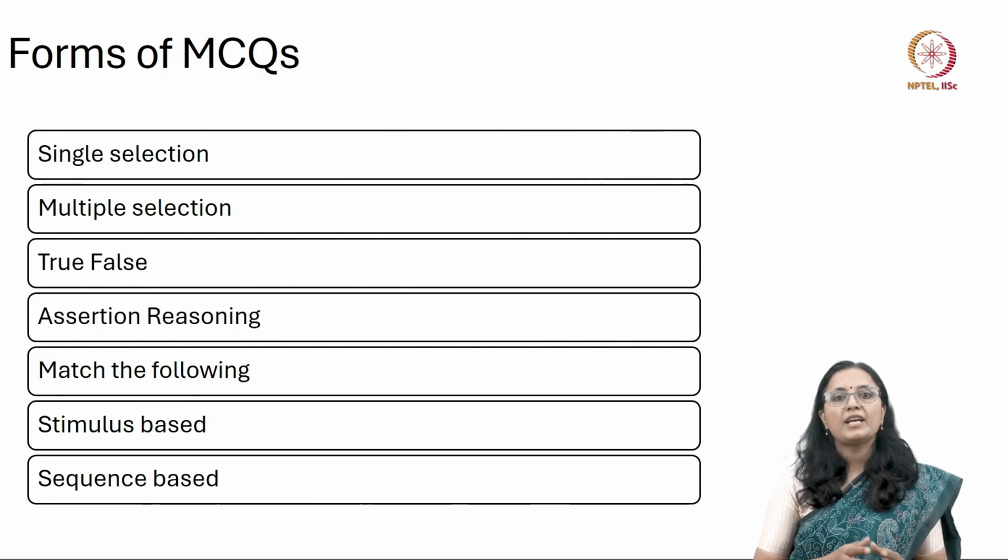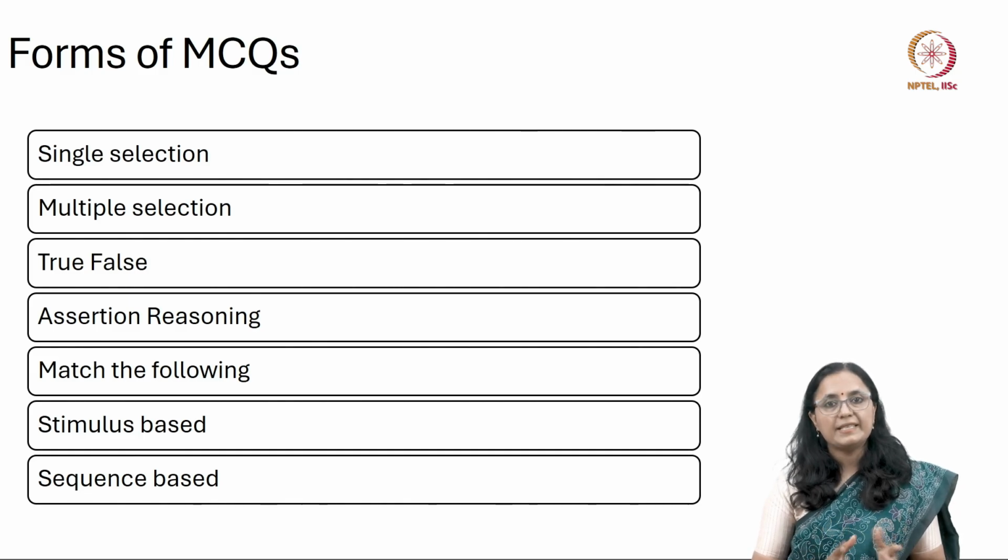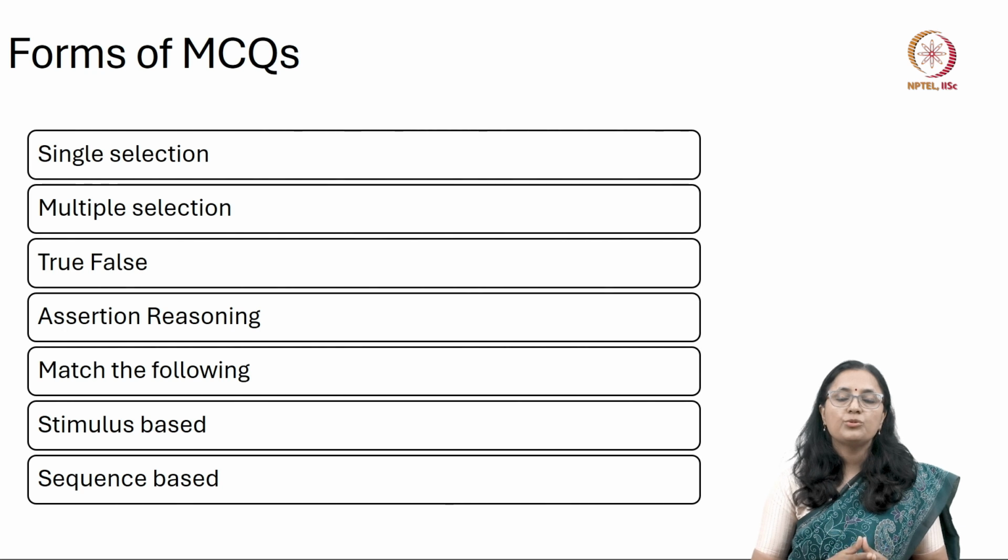For example, the probability of guessing is more in the case of true false. Similarly, one of the merits of assertion reasoning is to save some time as far as designing distractors is concerned. I hope this discussion will help you design a variety of MCQs for your question paper.